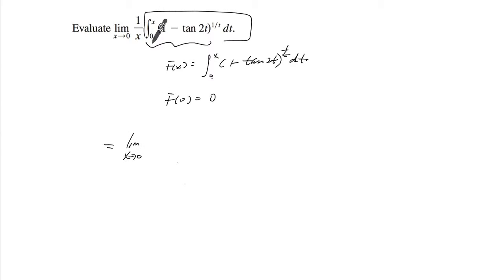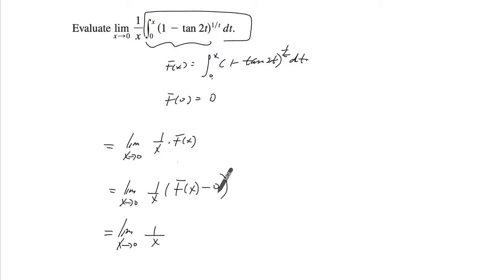I can replace this entire thing with f at x. So we have this. Of course, I'm allowed to just subtract any number by 0 with no consequence. But in this case, I can replace that with f at 0.